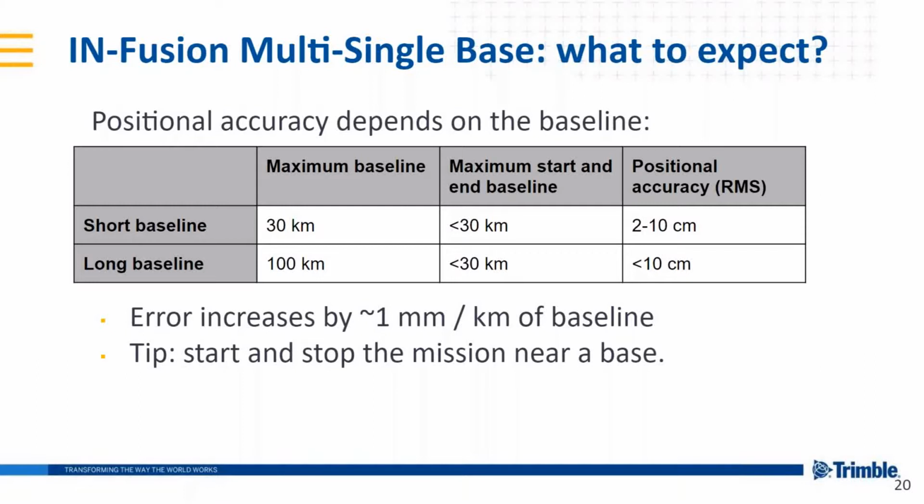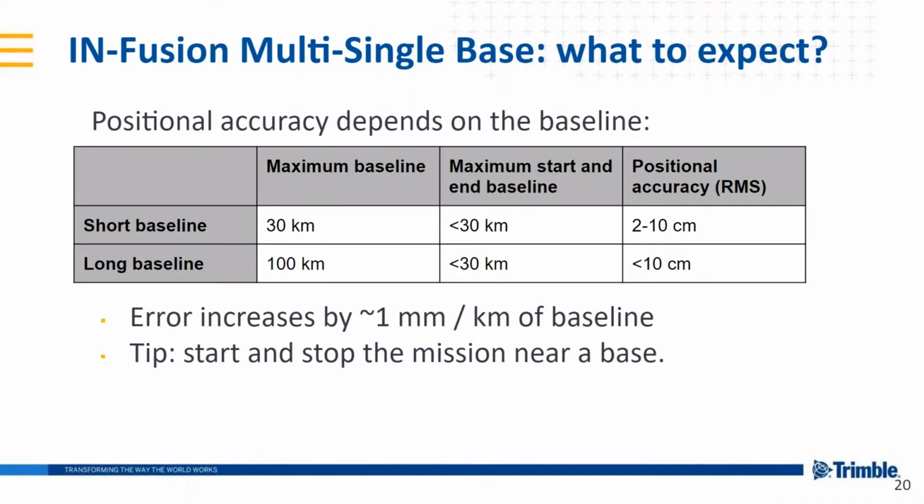The positional accuracy depends on the baseline as well, same as the single base processing mode. For short baseline within 30 kilometers, it's about 2 to 10 centimeters, and for a long baseline within 100 kilometers, it's less than 10 centimeters. Same as single base processing mode, for short baseline, you should start within 30 kilometers and don't go further than 30 kilometers from the base.